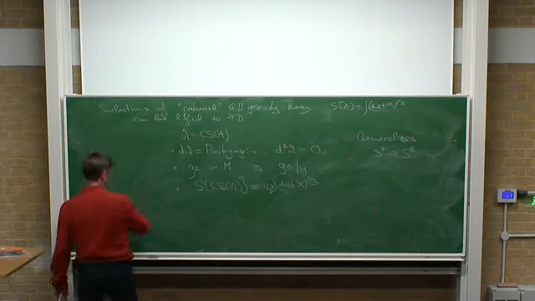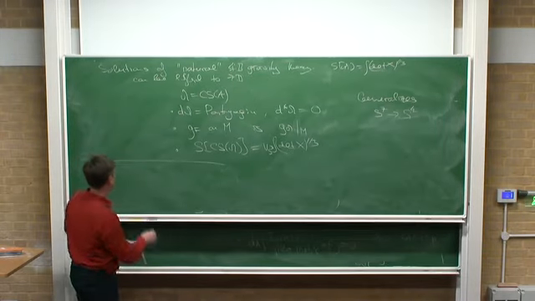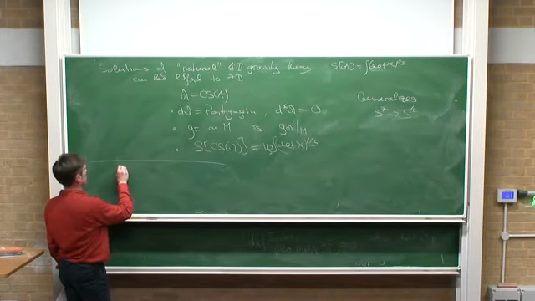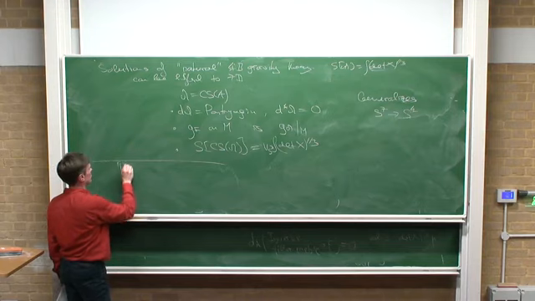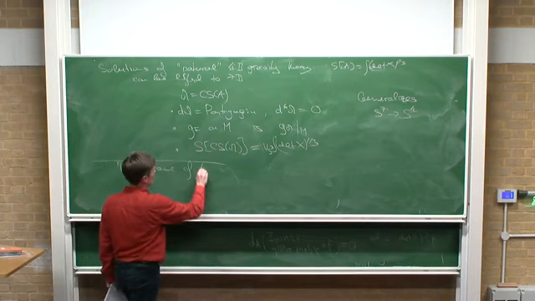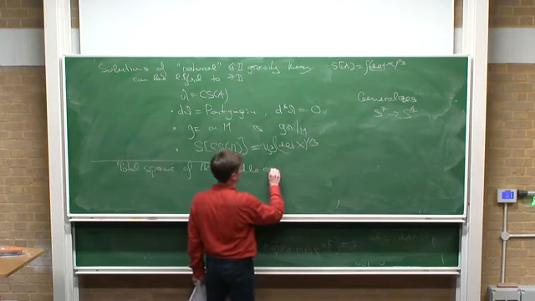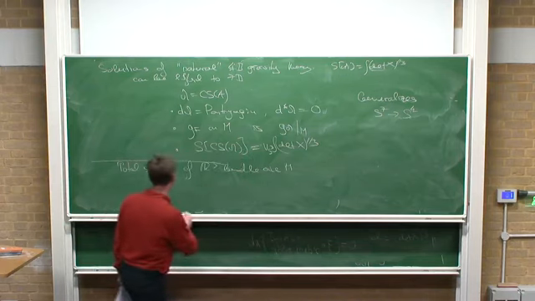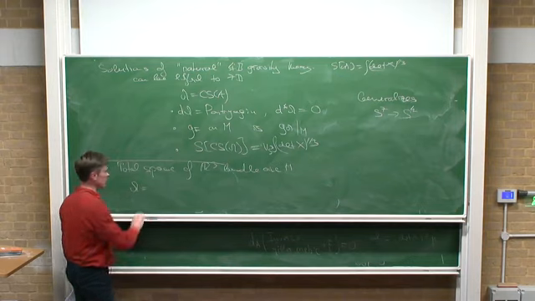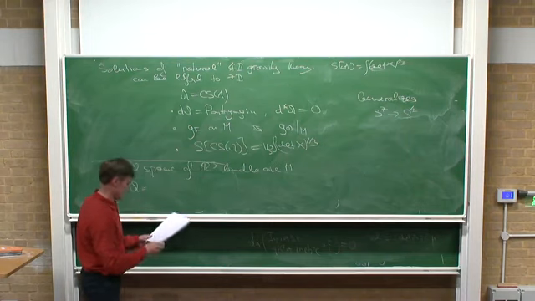There is another layer of this game where you can get G2 structures. You can take instead the total space of the R3 bundle. Then you can write a less canonical looking form, but it's possible. Omega is some function.